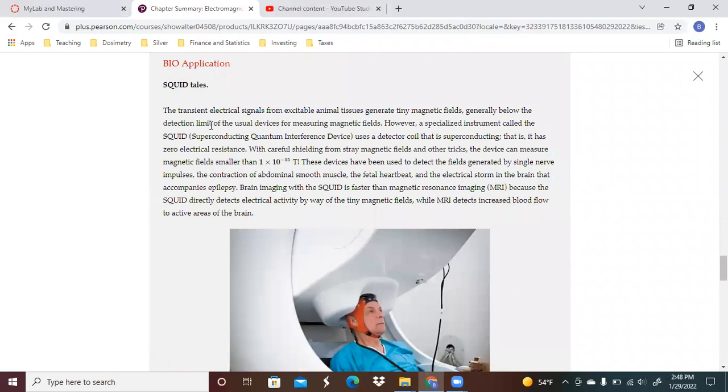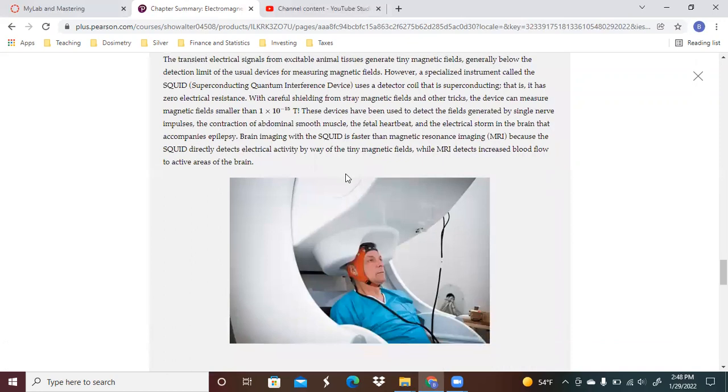So the transient electrical signals from excitable animal tissues generate tiny magnetic fields, generally below the detection limit of the usual devices for measuring magnetic fields. However, something called the SQUID uses a detector coil that is superconducting. In other words, it has zero electrical resistance. With careful shielding from stray magnetic fields and other tricks, the device can measure magnetic fields smaller than 1 × 10⁻¹⁵ teslas.